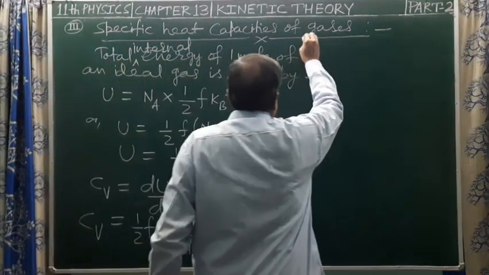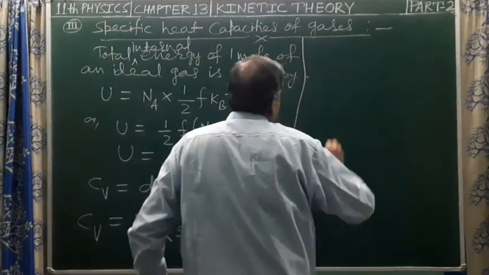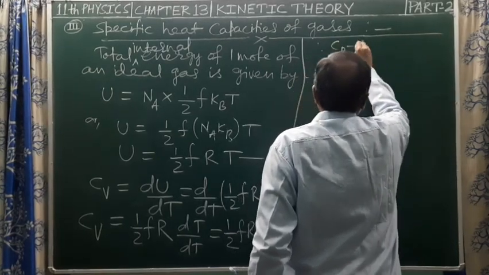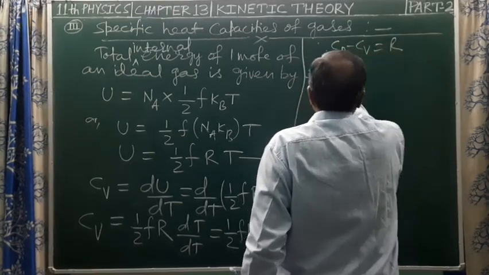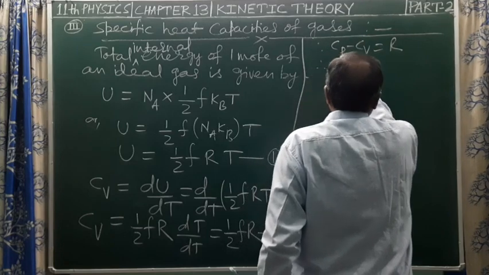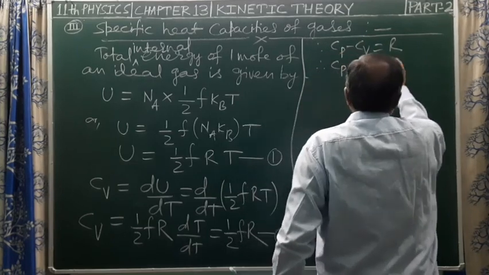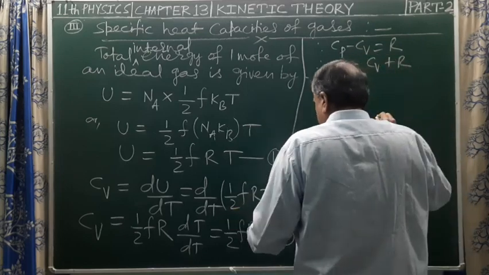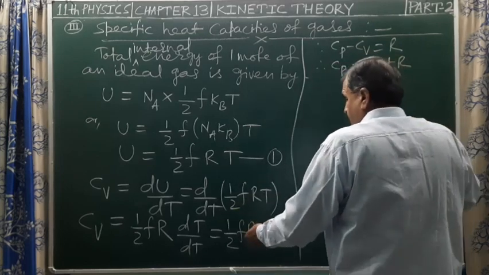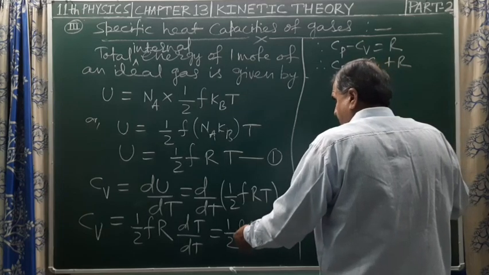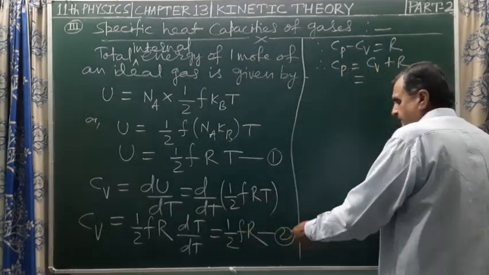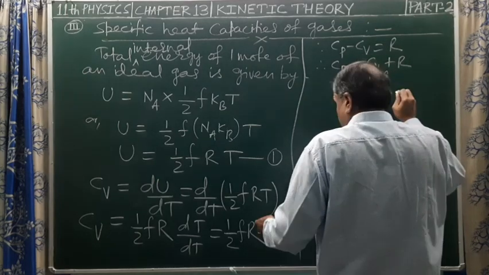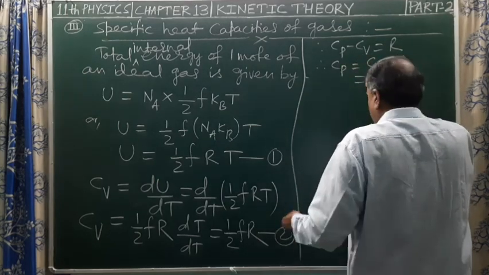Now Cp. We know the relation, Mayer's formula, Cp minus Cv is equal to R. Therefore Cp equals Cv plus capital R, and Cv is equal to 1 by 2 fR in equation 2, where small f is the total number of degrees of freedom.